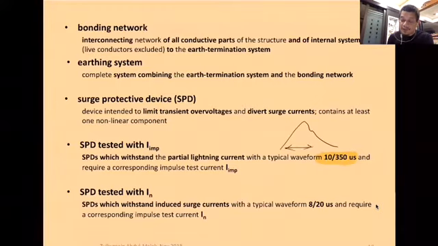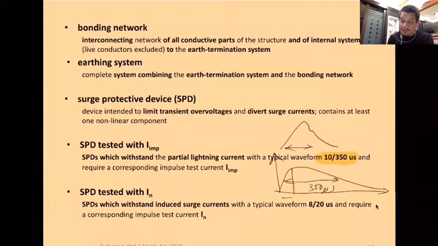So this should be a very long tail, 350 microseconds, and the front is here, 10 microseconds. But you can also test them using 8/20, meaning the front is 8 microseconds and the tail is 20 microseconds.